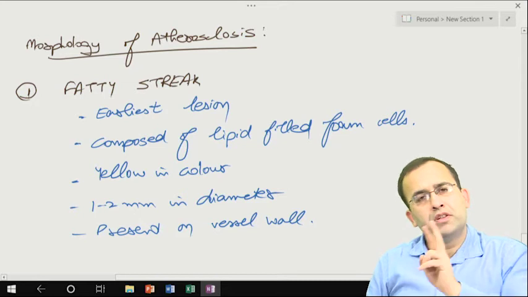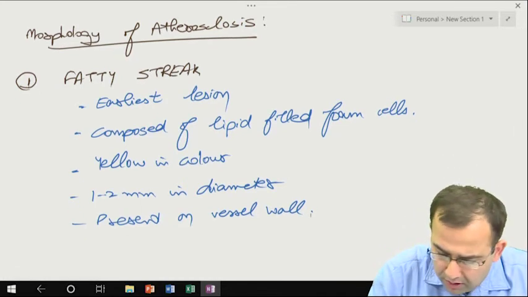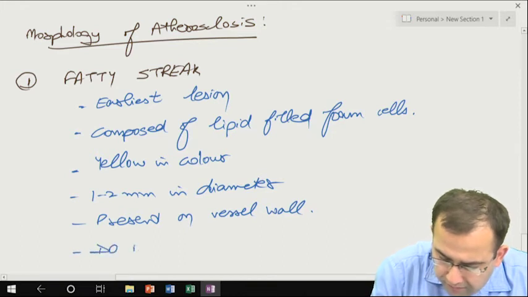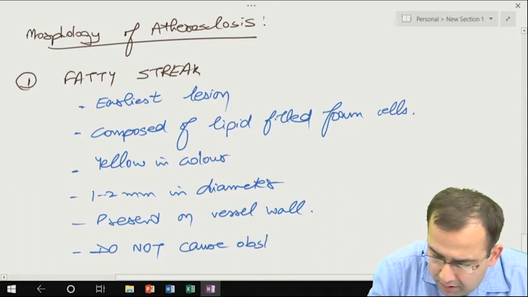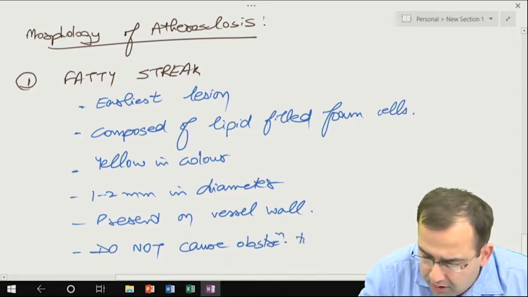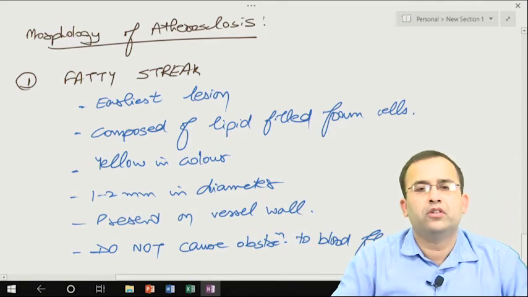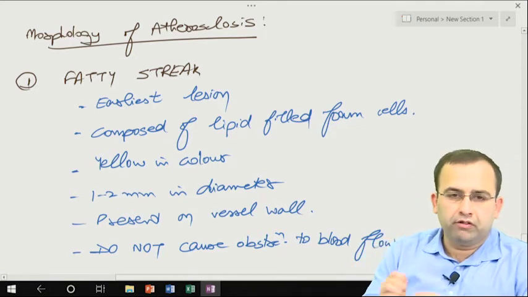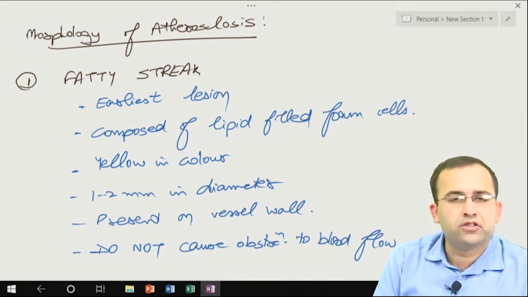Do they cause obstruction to the blood flow? Of course not. They are very small, so they do not cause obstruction to the blood flow. This is the fatty streak.